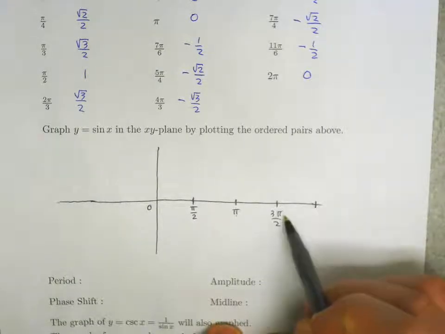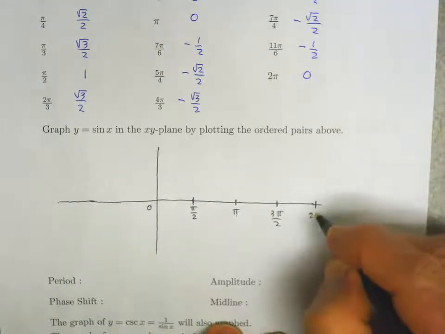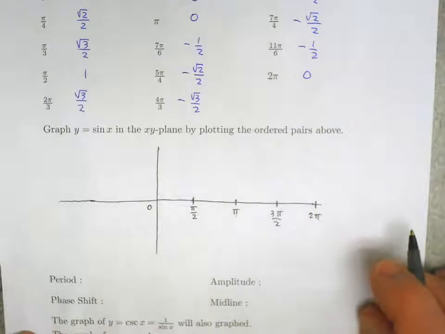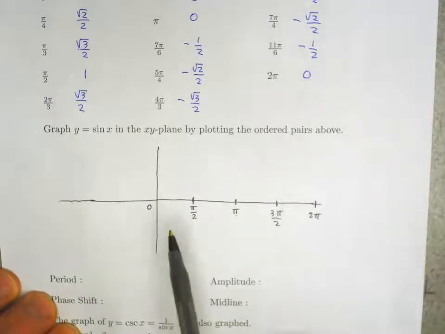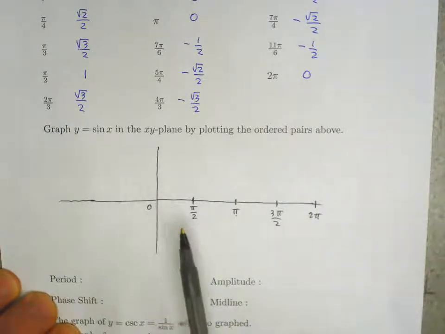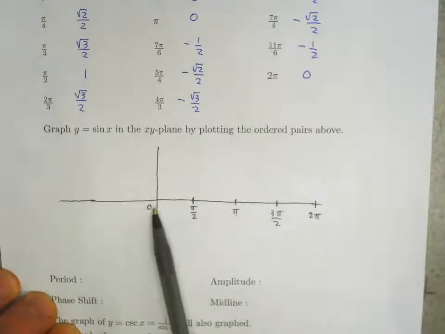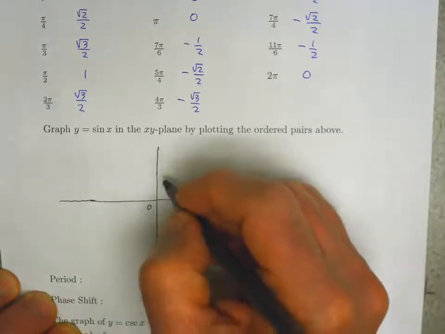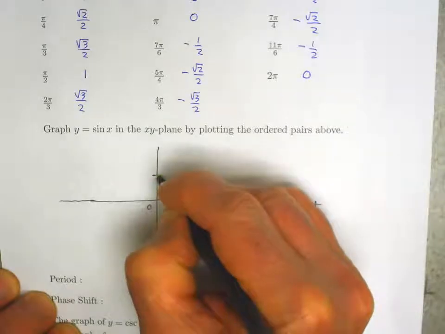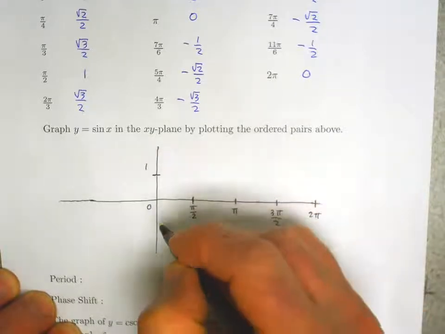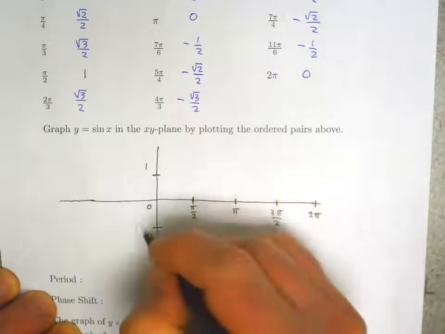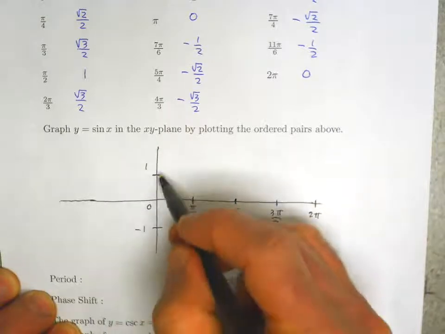And then 3 pi over 2 plus pi over 2 is 2 pi. So one period of this y equals sine of x function will occur on the interval from 0 to 2 pi. So we already know that the range of y equals sine of x is from -1 to 1.